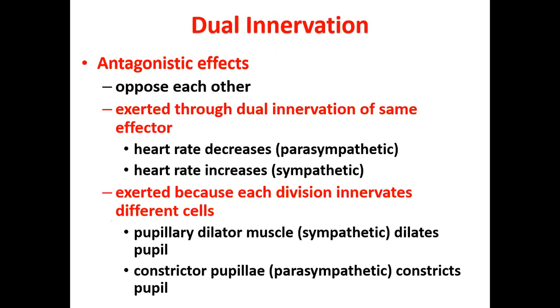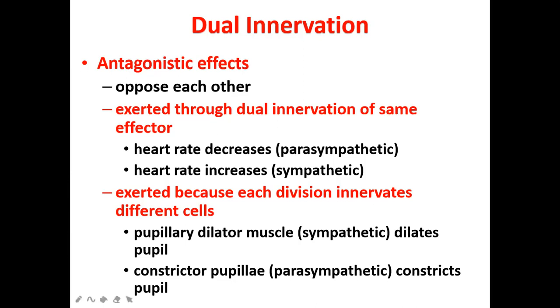Now, what do we mean by dual innervation? Dual innervation means, for example, antagonistic effects. Whenever an organ or gland has both sympathetic and parasympathetic innervation, they produce antagonistic effects. They oppose each other, and these opposing effects are exerted through dual innervation of the same effector.